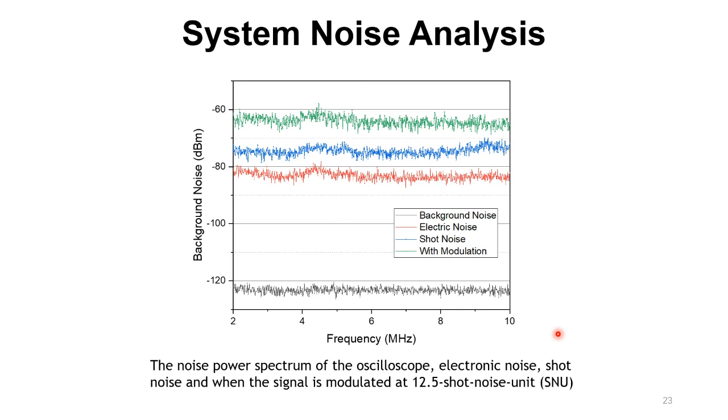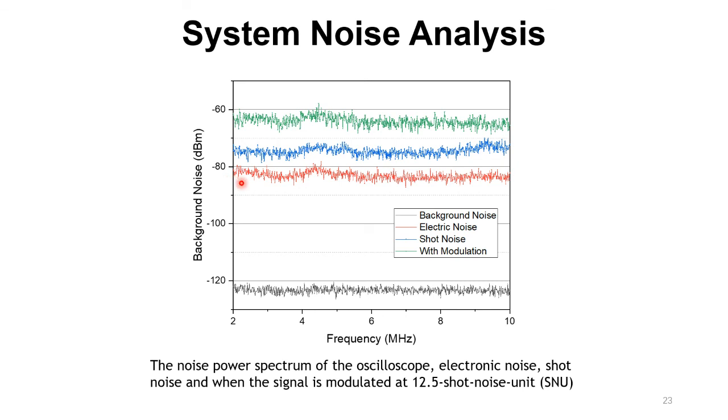The system noises are carefully measured to calculate the secret key rate. This line chart shows the different noise spectra in the system. The electronic noise of the off-chip homodyne detector is around minus 87 dBm.